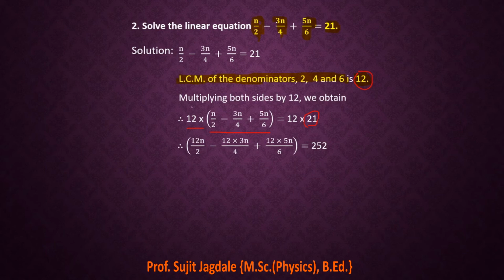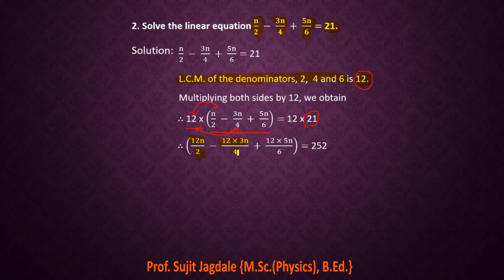So what will be the first number now? 12 into n upon 2. So that will be 12n upon 2. Then the next one is 12 into 3n upon 4. So that also we had indicated here. First is 12n upon 2 because 12 ones are 12.